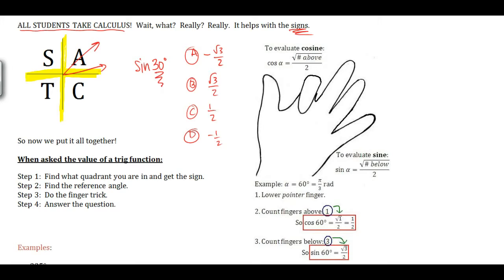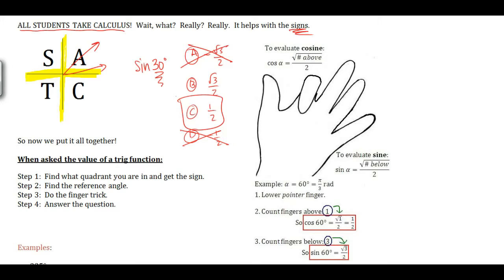Whoops, that's a really bad initial side. In quadrant 1, that tells me right off the bat they're all positive, so sine's positive. I can already rule out these two answers and say that's bogus. Now I just got to do the finger trick, fold down that 30-degree angle right here, and sine's right here. It's 1/2, and I'm like, sweetness. The answer's 1/2, and everybody's happy.